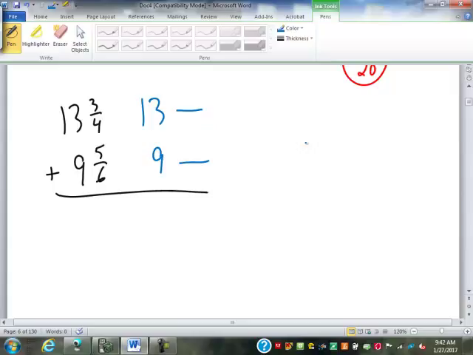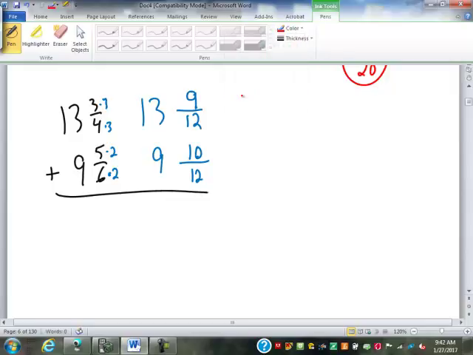What's my least common denominator between 4 and 6? 12. Very good. What's going to go here? 9. 4 times 3, so 3 times 3 makes 9. What's going to go here? 10. 6 times 2 is 12, so 5 times 2 is 10.